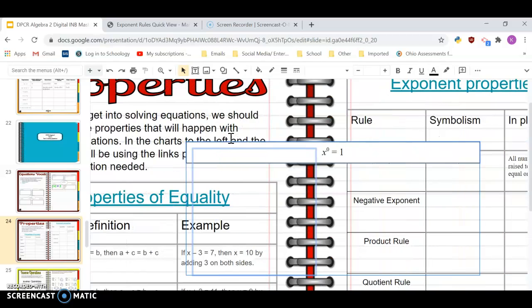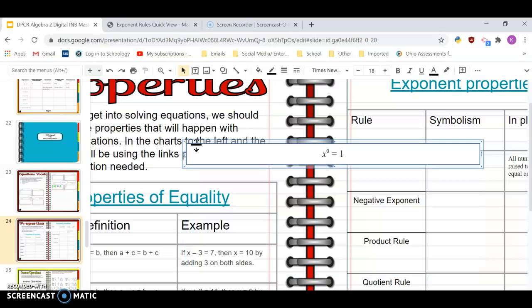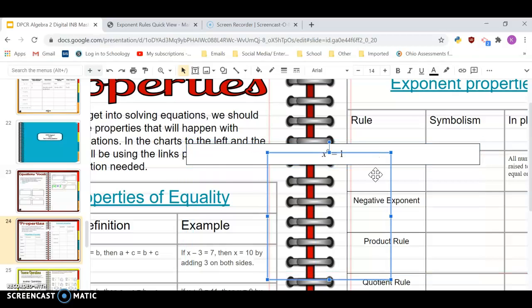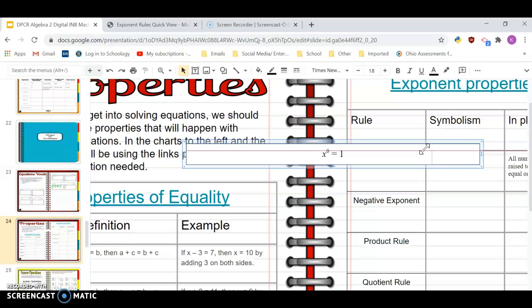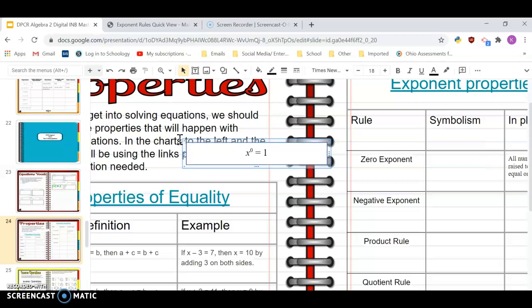Now, for this, we're just going to have to deal with this box here quickly. I don't know why that popped up. Let me get rid of that. All right. And let me drag that right on over.